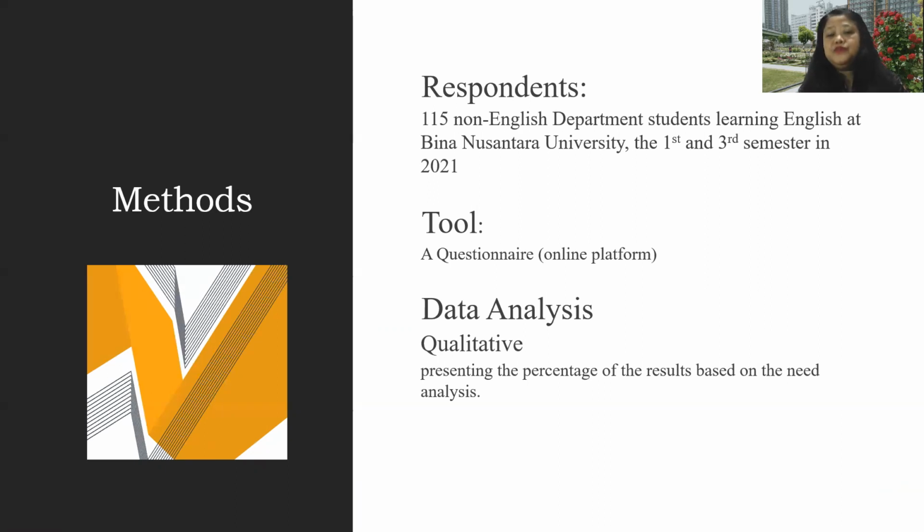Finally, we found 115 students as our respondents. From the results of the questionnaires, we analyzed the data qualitatively. This data is presented in percentages as a result based on the analysis.